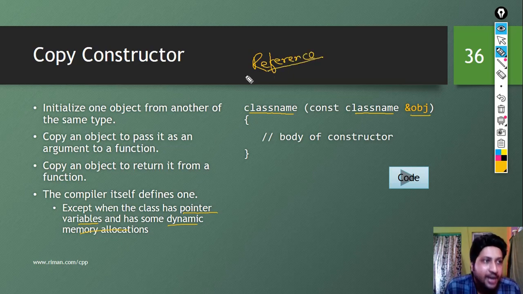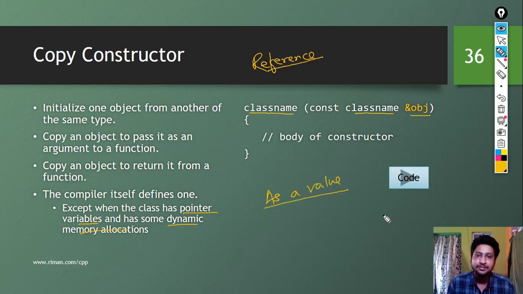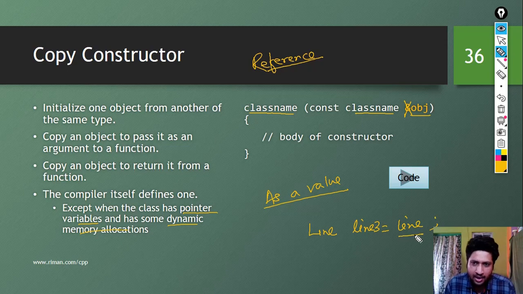As I said, if the compiler doesn't provide us the copy constructor, we cannot use the copy. So we cannot send it as a value. Suppose we send it without the reference, and we write line 3 is equal to line. This object is being copied into this variable, but the copy constructor is not there for that class.